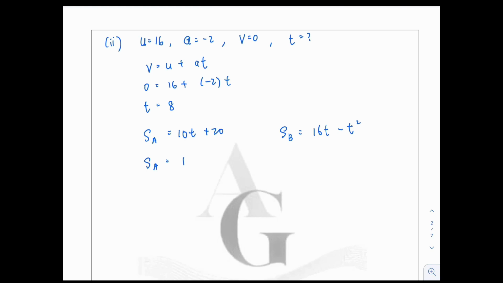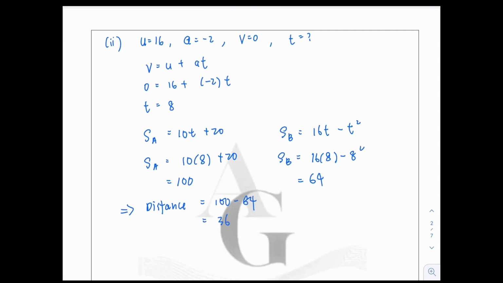Hence, you will get 100 for particle A. As for particle B, you will get 64. Therefore, you can conclude that the distance between the two particles is 100 minus 64, which is 36 meters. That's how we solve part 2.